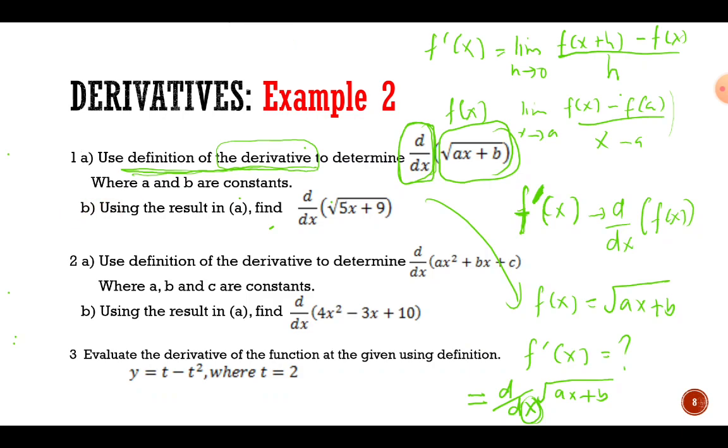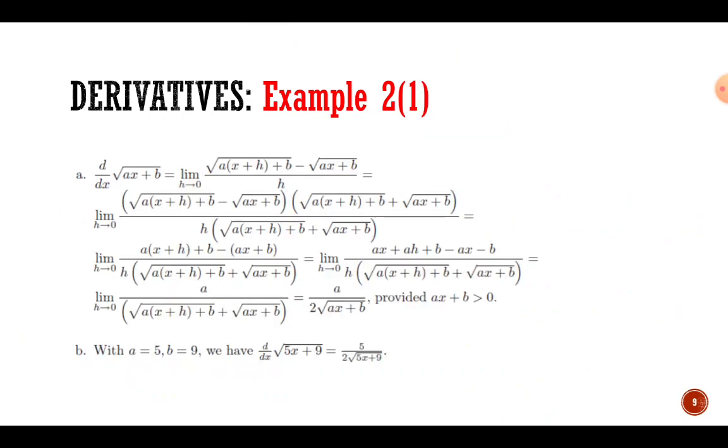Okay, so maksudnya kita pergi ke sini. Actually saya dah ada full solution here untuk cari the derivative of f(x) equals to square root ax tambah b. Macam cakap tadi, kita punya f(x) adalah square root of ax tambah b. Okay, so we want to find f prime x. Maksudnya adalah we're finding the d dx of square root ax tambah b.